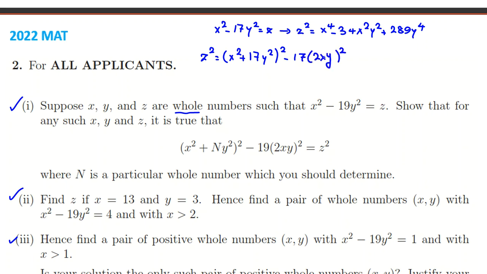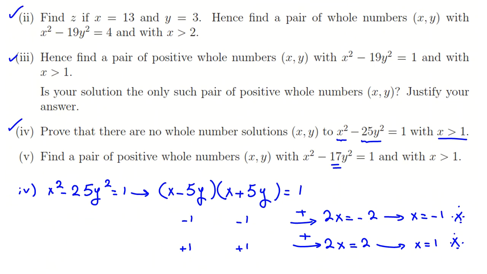Is it correct or not? So let's check. It will be x to the fourth plus 34x squared y squared plus 289y to the fourth minus 4 times 17, that is 68, x squared y squared. If we subtract, it will be negative 34, and these two things will be correct.